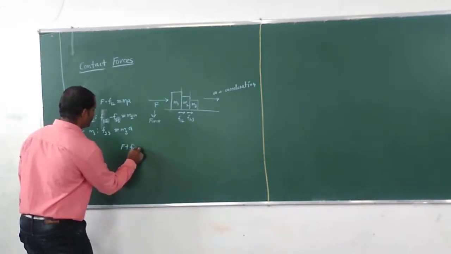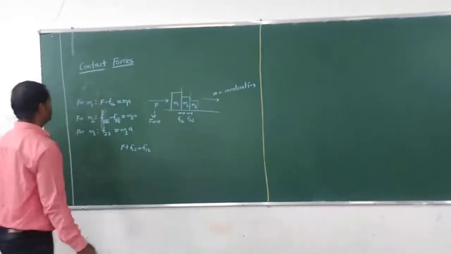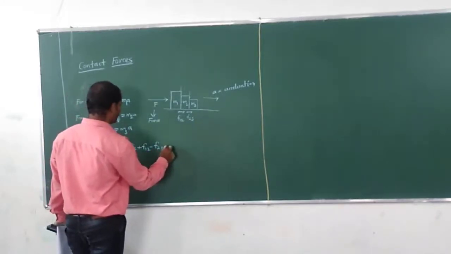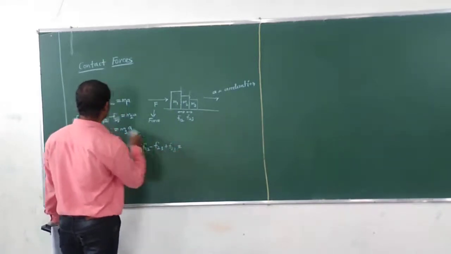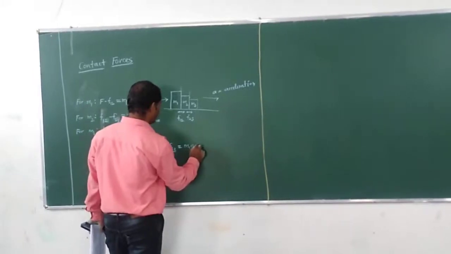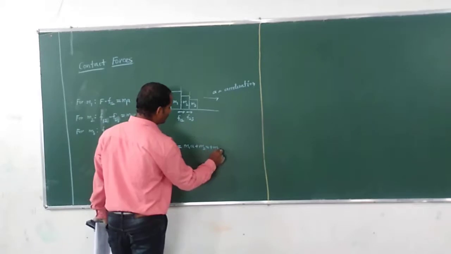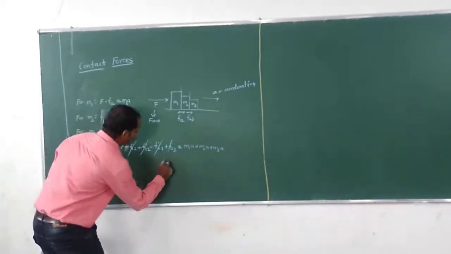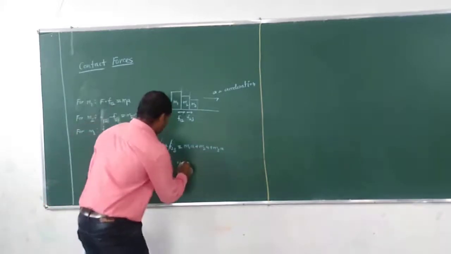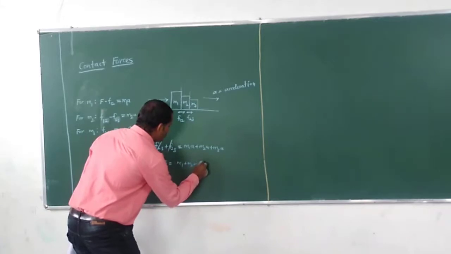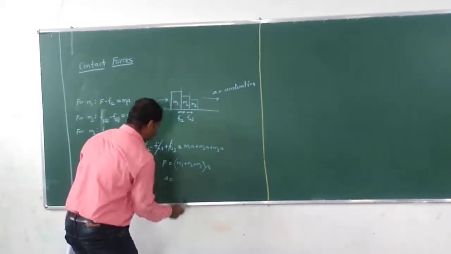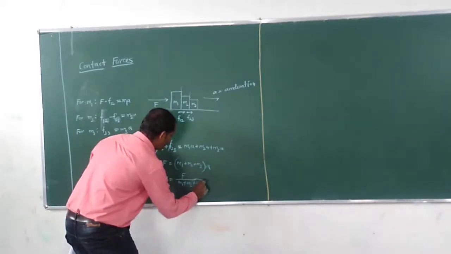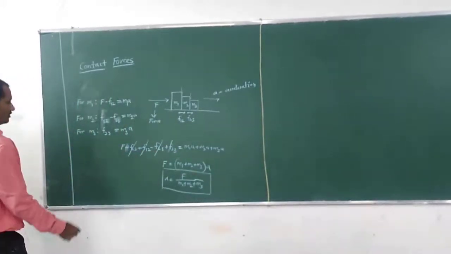F plus F12 minus F12 plus F12 minus F23 plus F23 is equal to, right, RHS M1A plus M2A plus M3A. ठीक आहे, तर this will get cancelled, this will get cancelled, so remaining terms are F is equal to M1 plus M2 plus M3 multiplied by A. So A is equal to F divided by M1 plus M2 plus M3. Right? This is acceleration.